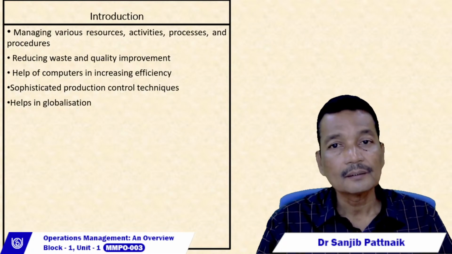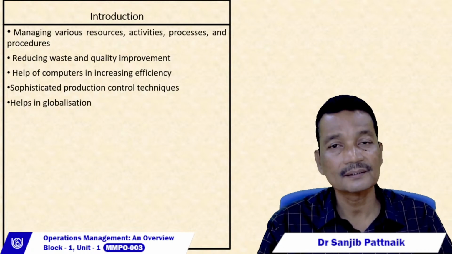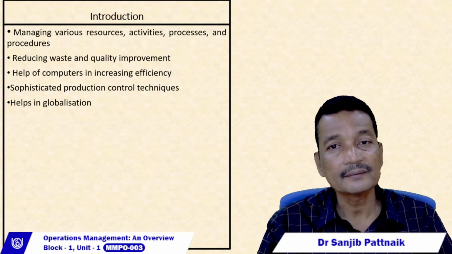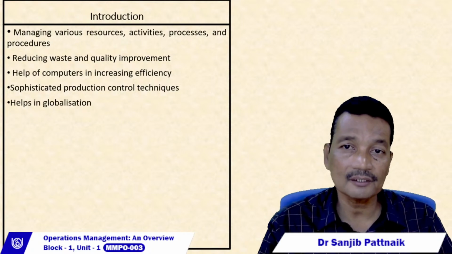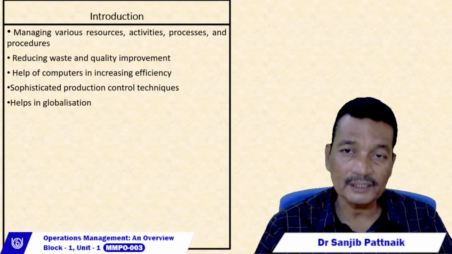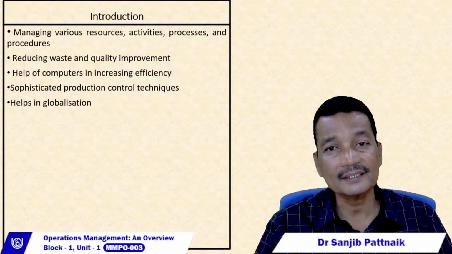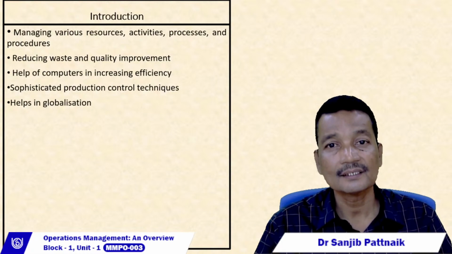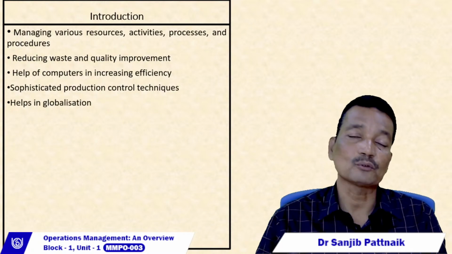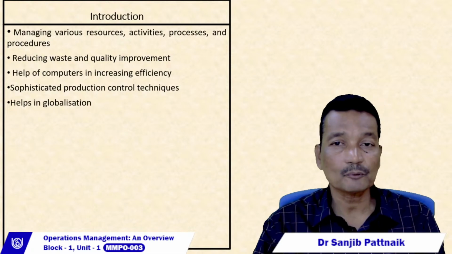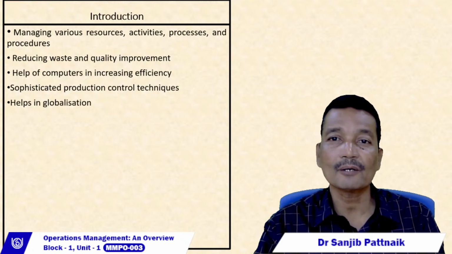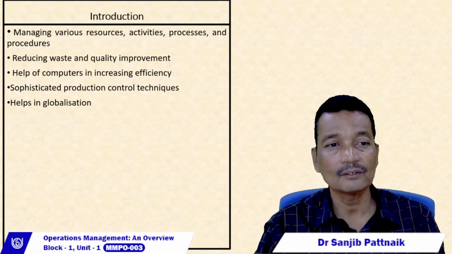For products, basically we require machineries, etc. But for services like healthcare, we require the skills of the doctor, the things of the hospital like medicine, hygiene, safety, etc. And finally, the procedures. What are the procedures we are going to adopt so that we can have our outputs from a given set of inputs?